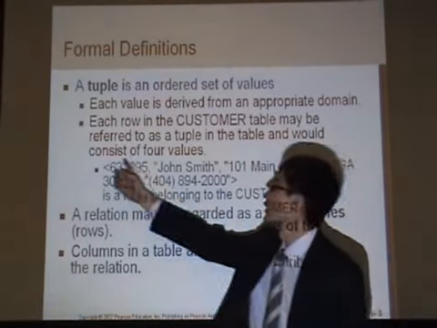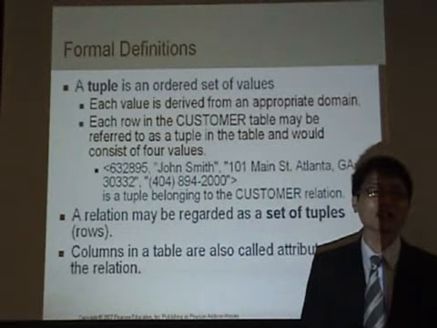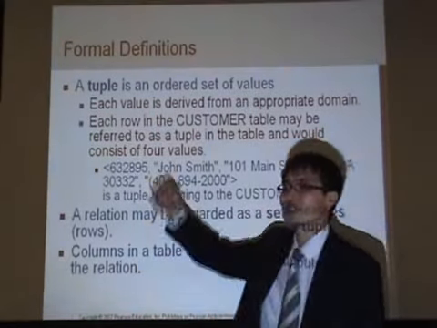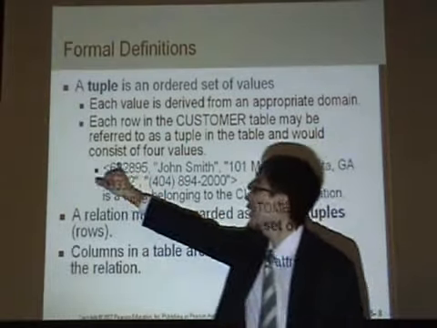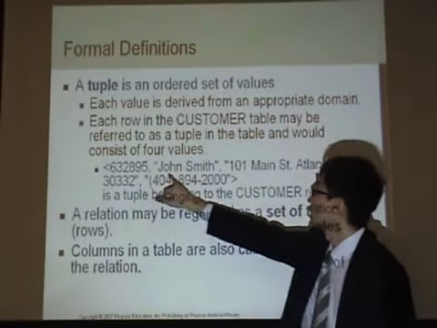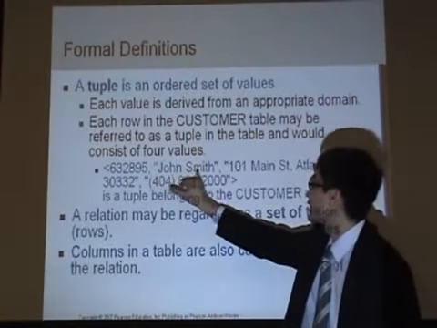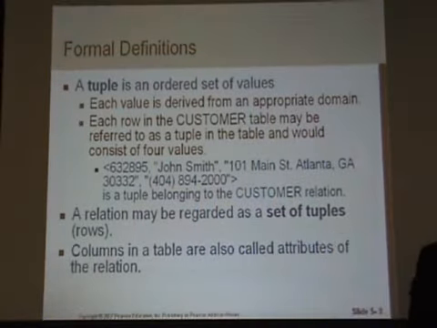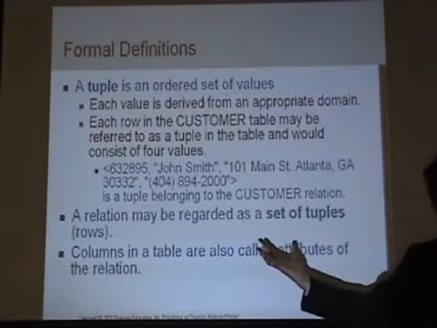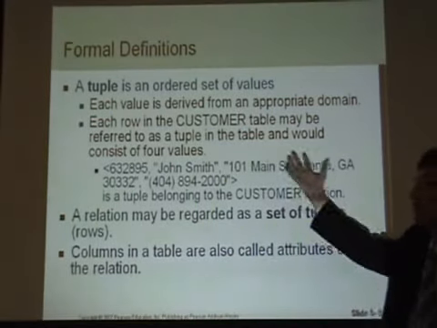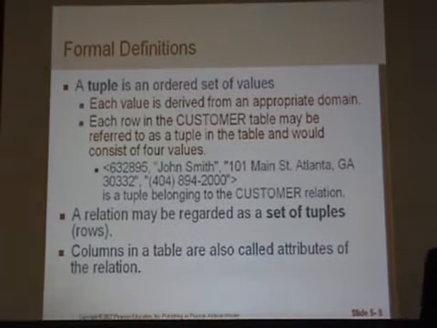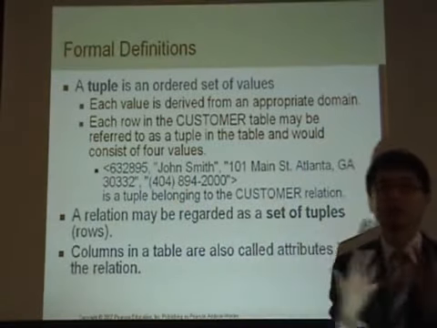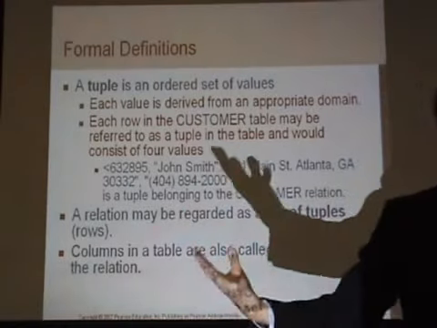For example, for a 6-digit number, the data type is easy to code, right? You can use integer 6 or number 6 or even character 6. Like this one, a 10-digit character. This is maximum 40 characters. What about this? This is a 10-digit number, 3 by 3 by 4.